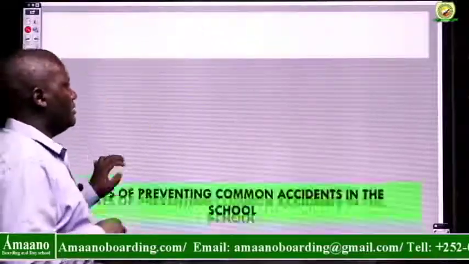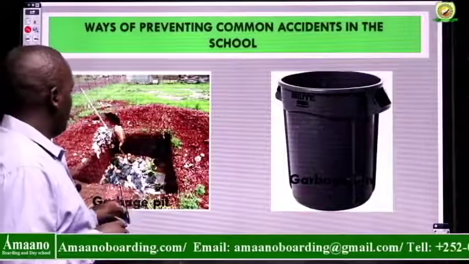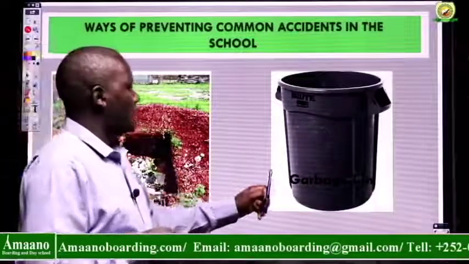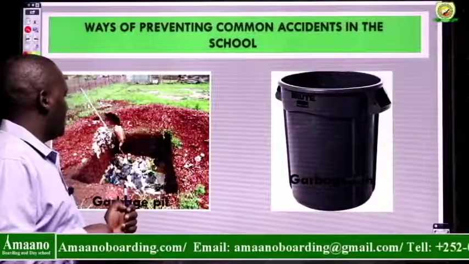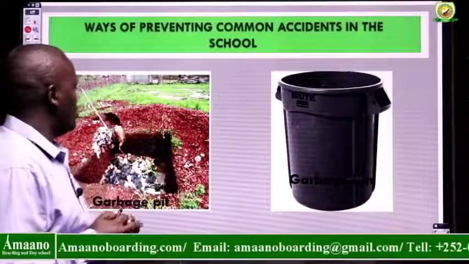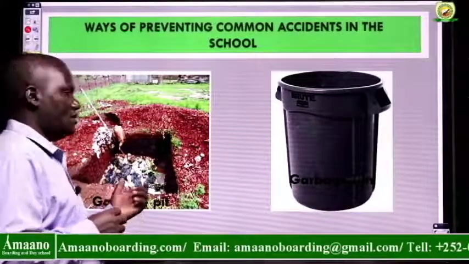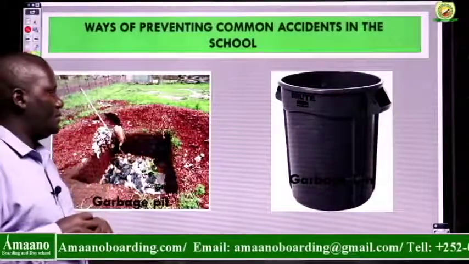We have this part, the garbage pits and the garbage bin. The garbage pit is this one. All the rubbish that's collected in the school is put in the garbage pits. That's a hole where all the dirt is put inside.